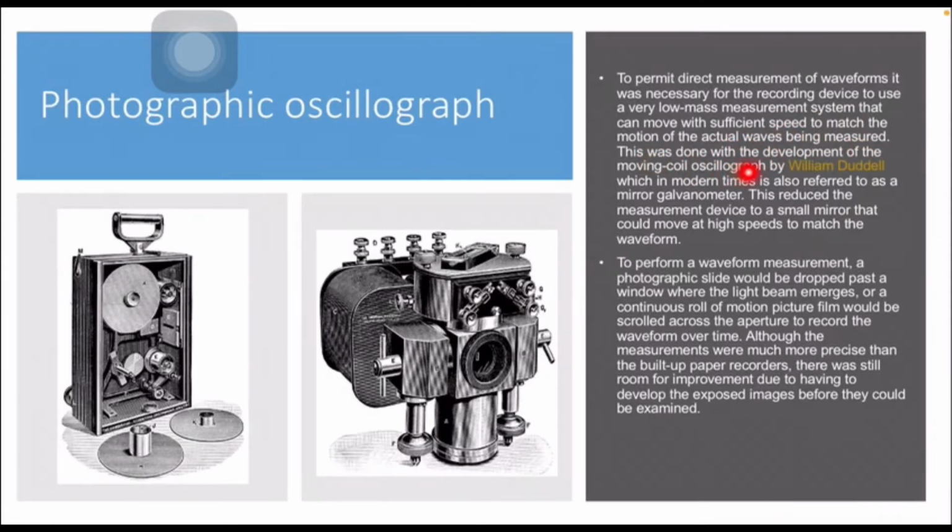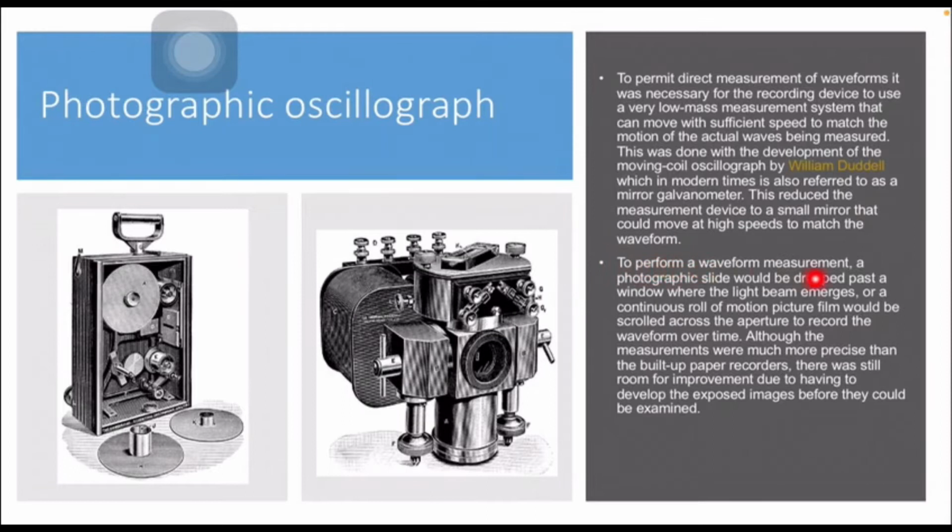This was done with the development of the moving coil oscillograph by William Duddell, which in modern times is also referred to as a mirror galvanometer. This reduced the measurement device to a small mirror that could move at high speed to match the waveform.